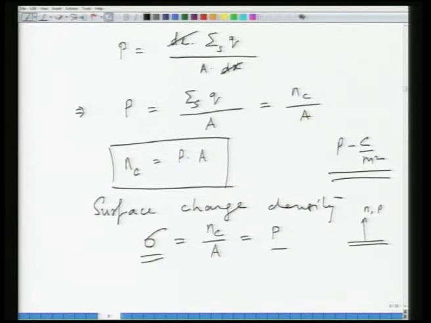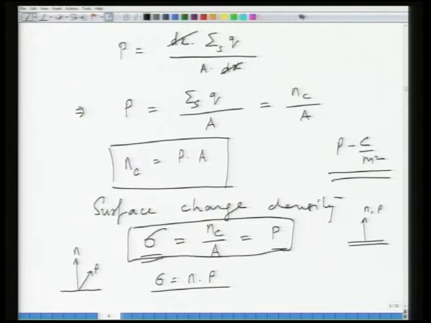However, if your surface was this, and the surface normal was this, and P was that, then sigma would be n dot P, where n is nothing but the outward pointing vector which is normal to the surface of a polarized material. So, the key concept we have established is to look at polarization a little more deeply: the polarization of a material is nothing but surface charge.